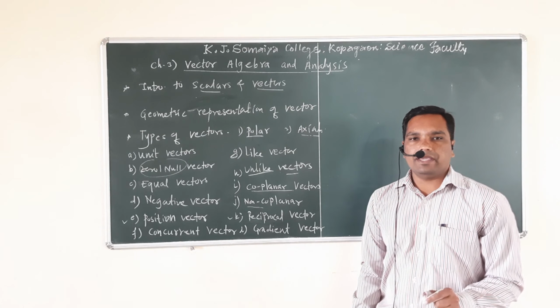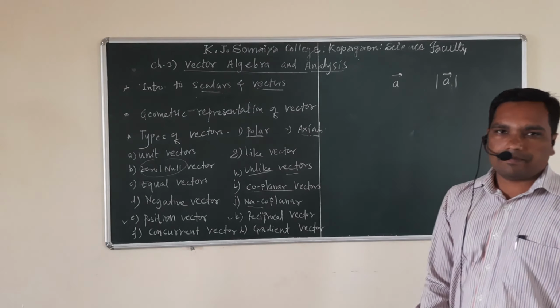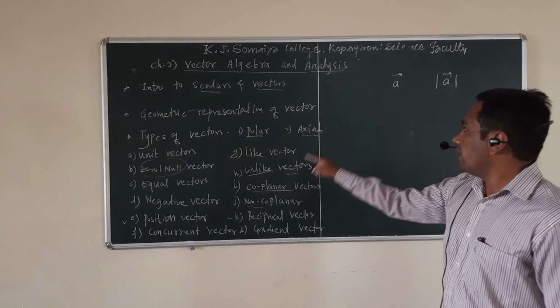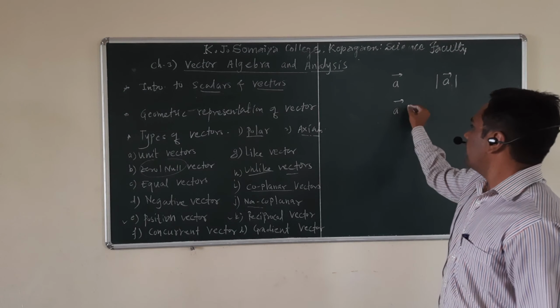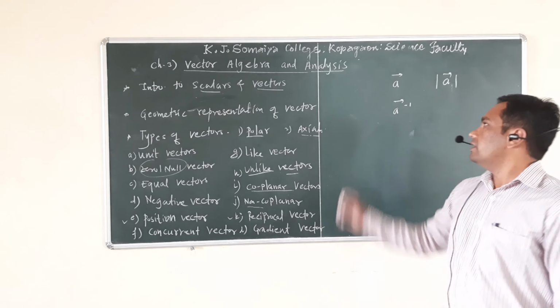Suppose our given vector is vector A and its magnitude is represented like this. Then the reciprocal vector of vector A is represented as A inverse.